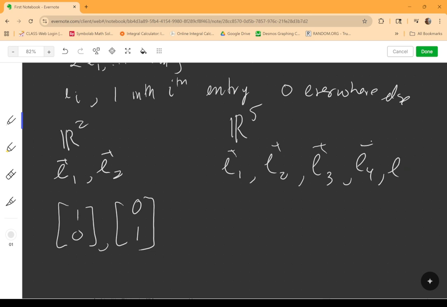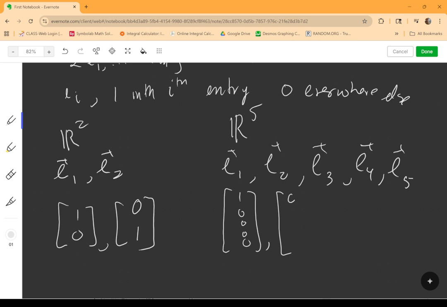Okay, notice we use the same letters, same notation. So it's important to realize when we're referring to these standard unit vectors that we are specific as to what space we are dealing with, because here E1 in R5 looks like this.